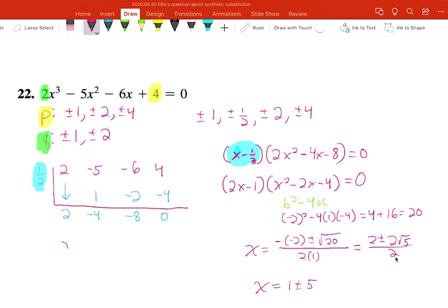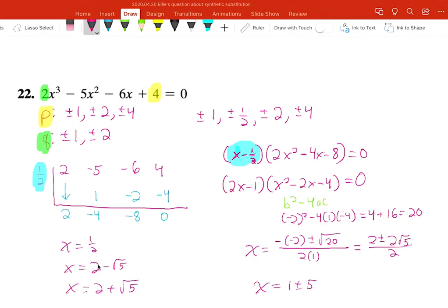So my zeros are x equals 1/2, x equals 2 minus root 5, and x equals 2 plus root 5. Assuming I haven't made any silly little mistakes, these should be the 3 zeros.